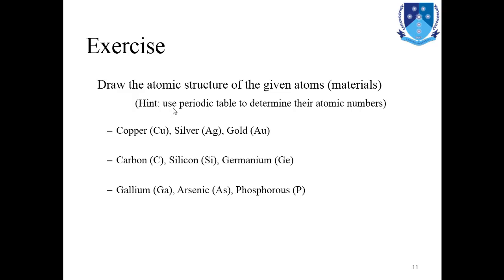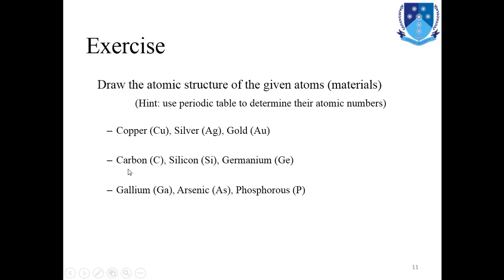To know the atomic numbers of these materials, you may use the periodic table. First, you have to draw the atomic structure of conductive materials, including copper, silver, and gold.